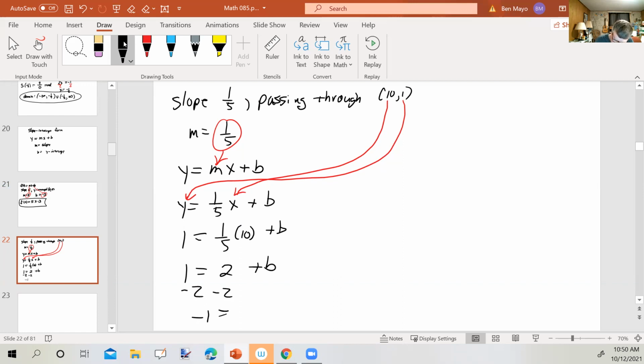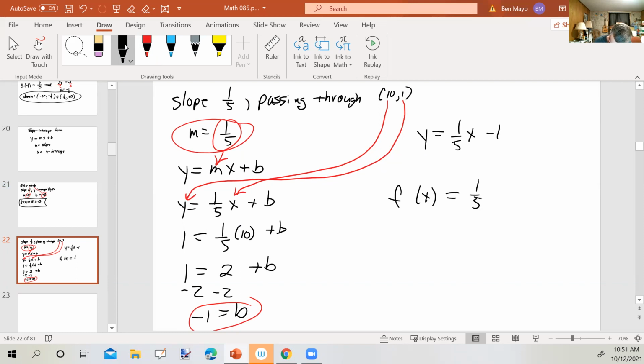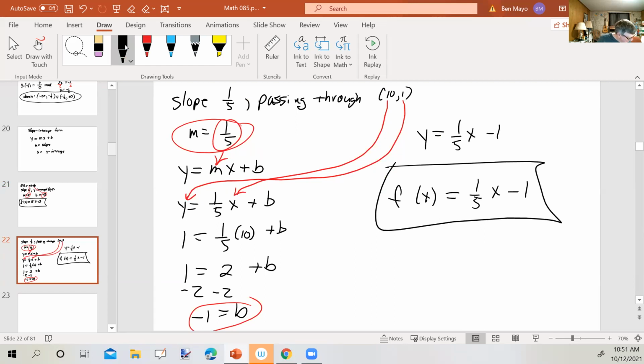Subtracting 2 from both sides, b equals -1. So now I've got the slope and the y-intercept. So y equals 1/5 x minus 1, writing it as a function. F of x equals 1/5 x minus 1. Any question about that problem? Okay.